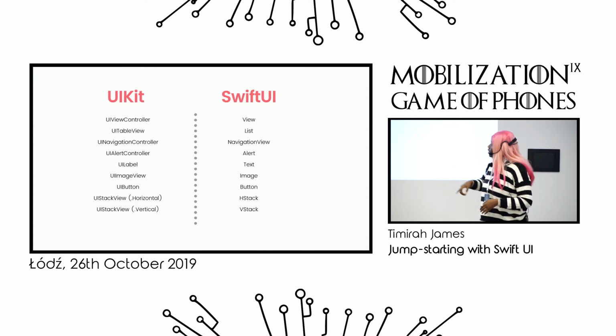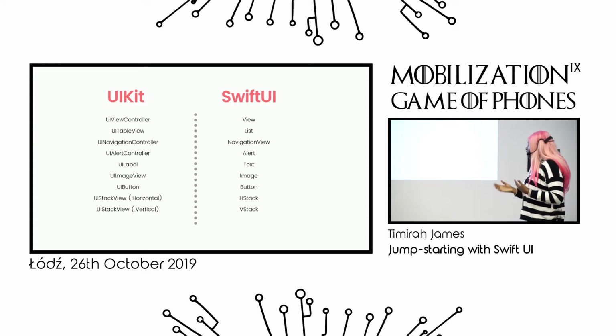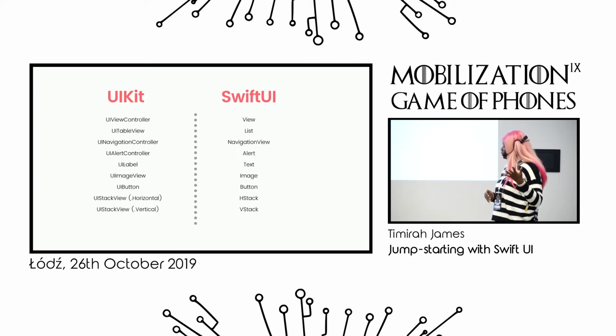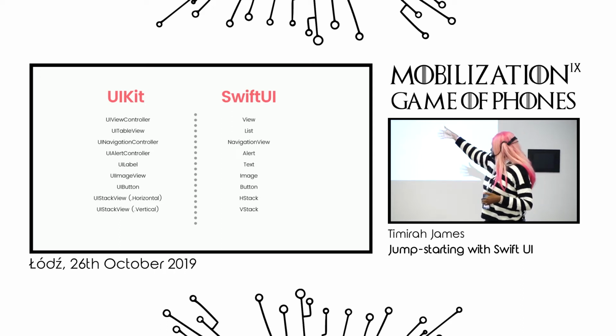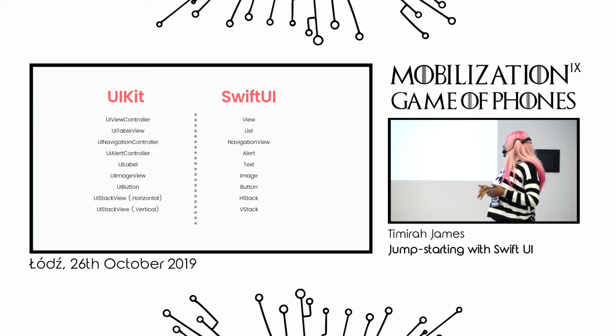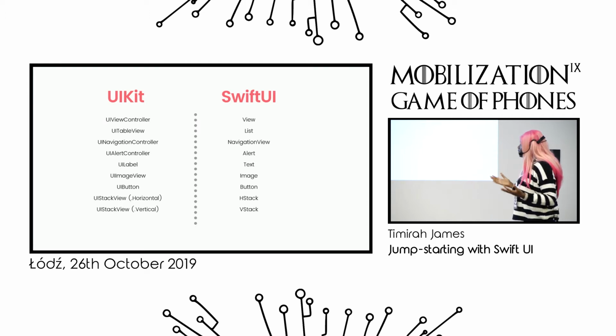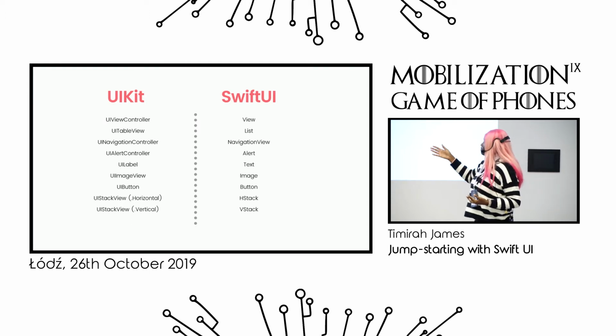I do want to point out also at the bottom the stack view. Stack view became popular recently too with Swift, and now there's another version of a stack view, and it's basically called stacks. There are different versions for each of the layouts.